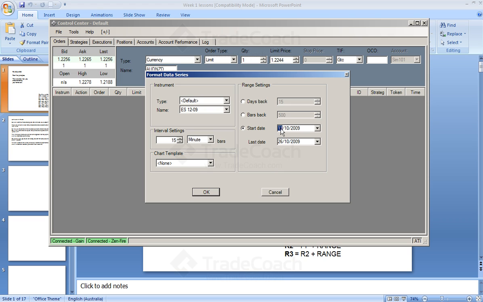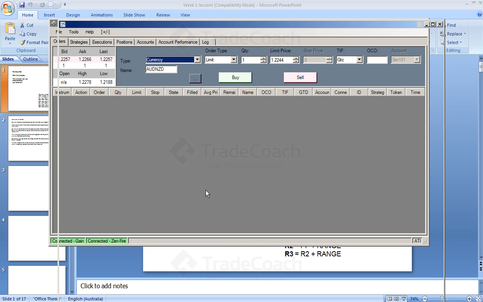And the start date I'm going to go from is the 12th of the 9th to the current date. We're just going to spend a little bit of time on E-minis today, and with E-minis you've got 3-month contracts, so you would go for 3, 6, 9 and 12. So I've gone from the 12th of the 9th up until right now. I'm going to press OK and load that up, and that should load up a blank chart for me.